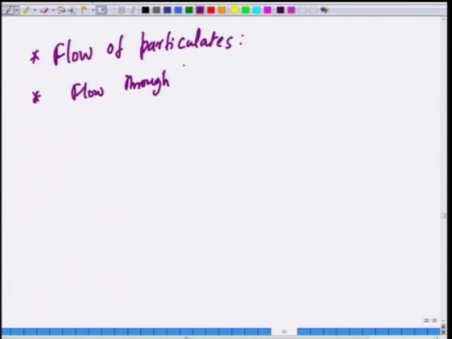where you have a bed of particles through which fluid is made to flow, and the question we are asking is a purely fluid mechanical type question. What is the pressure drop required to make a fluid flow at a given flow rate through a bed of particles?